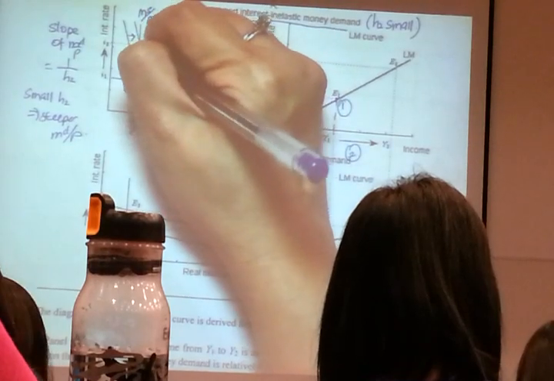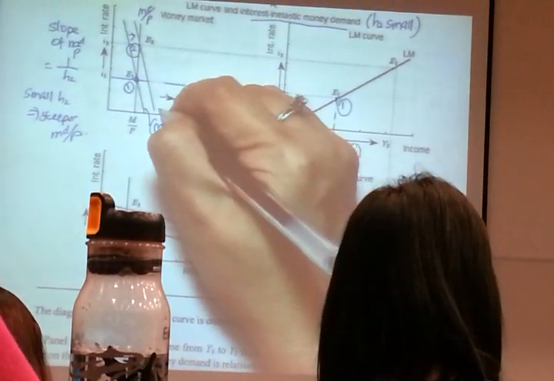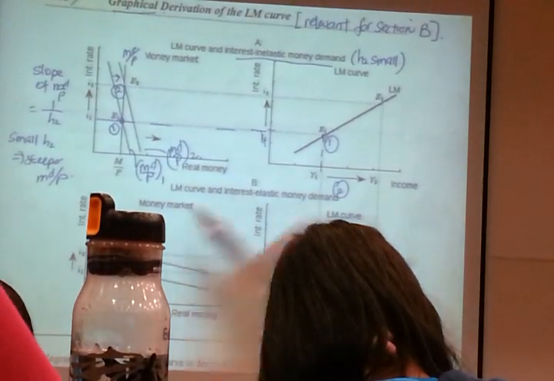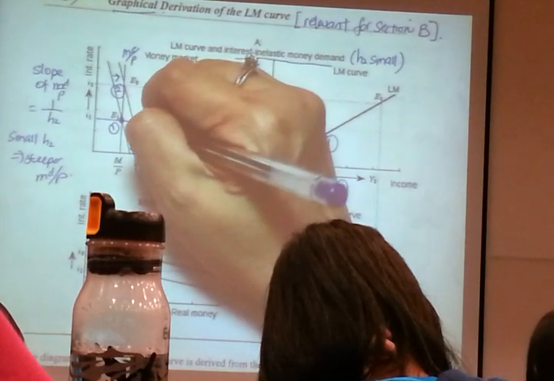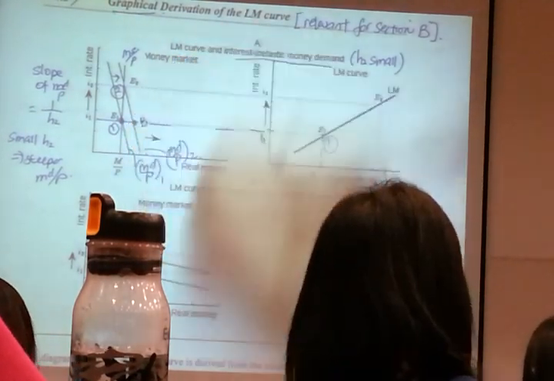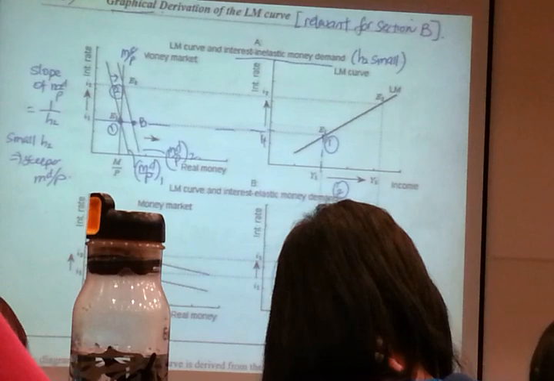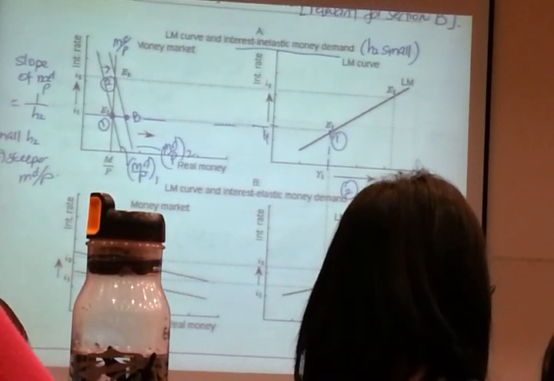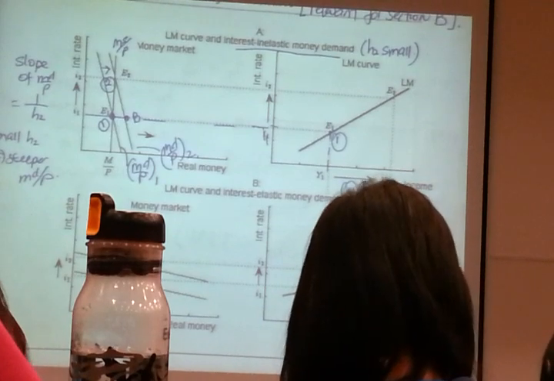If you let income go up, see carefully, your money demand will increase. So this is your MD over P2. Money demand will shift rightwards. But you don't go to E2, you actually go to point B first. So it's quite tedious. That's why you don't do it in section A, you do it more for section B answers.